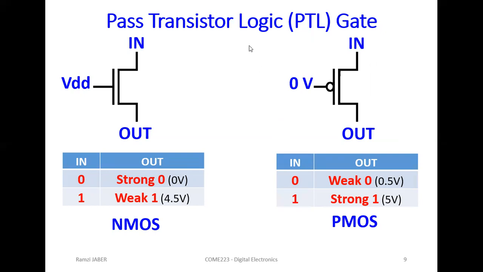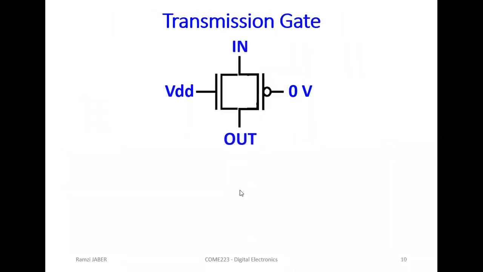So if we use PTL gates, we get weak signals and strong signals, but it's not good for our digital electronic circuit. That's why we combine them together, in something called a transmission gate.